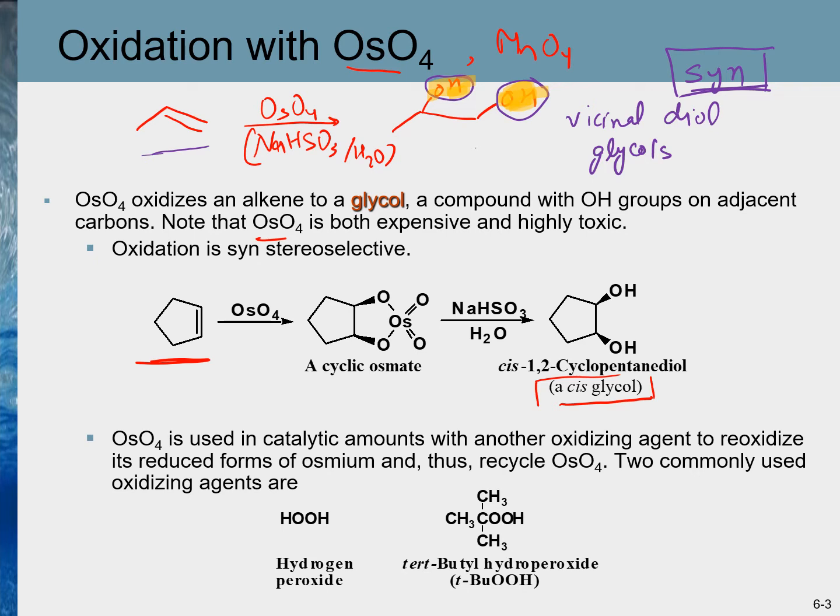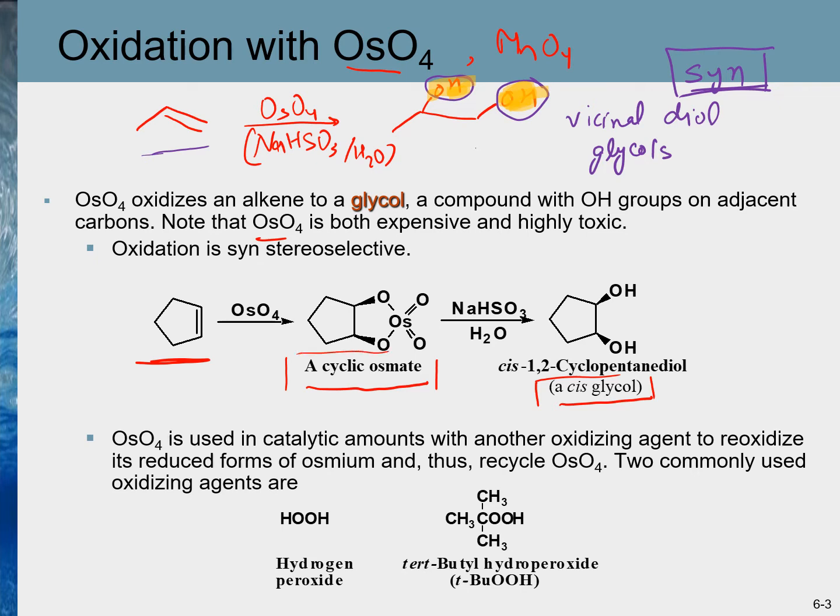The syn stereoselectivity can be attributed to the formation of a cyclic intermediate, and this cyclic intermediate is known as cyclic osmate. Now, in order to form this cyclic intermediate, both oxygens have to be on the same side.